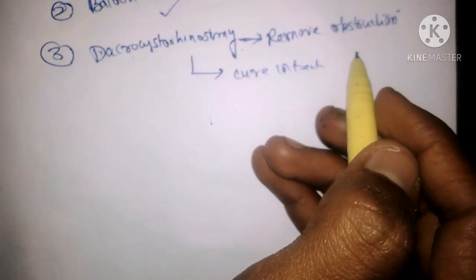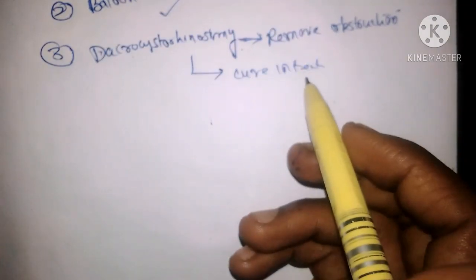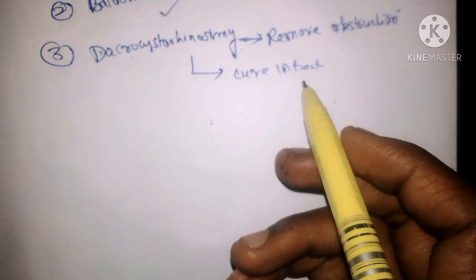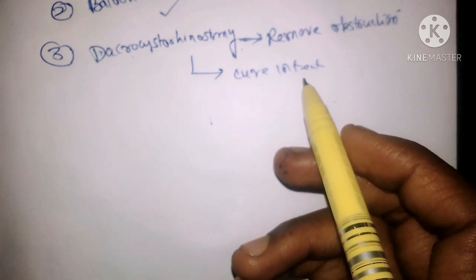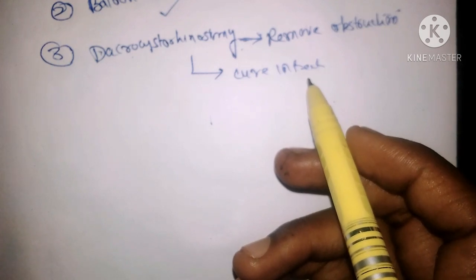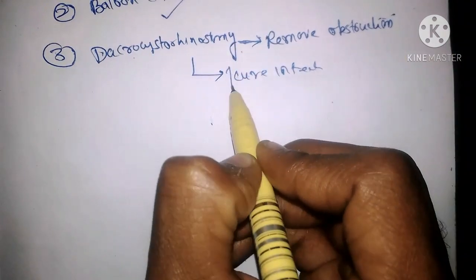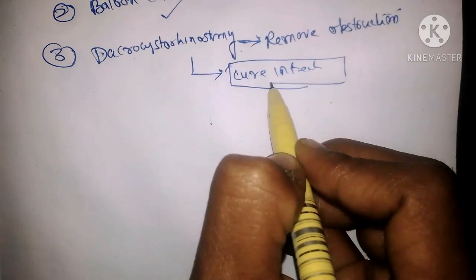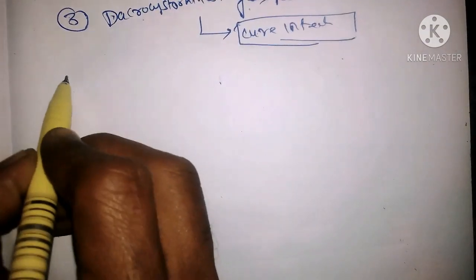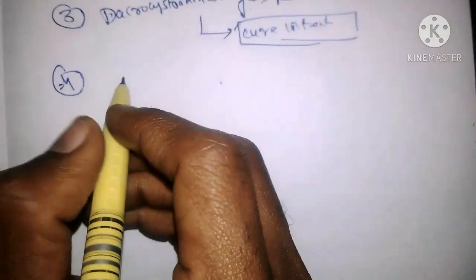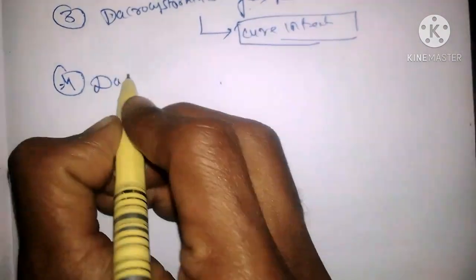If you do surgery before treating the infection, then the surgery will fail. There will be no use of this surgery. So before going to surgery, we have to treat the infection, then we do the surgery. Okay. Fourth option we have here is dacryocystectomy.